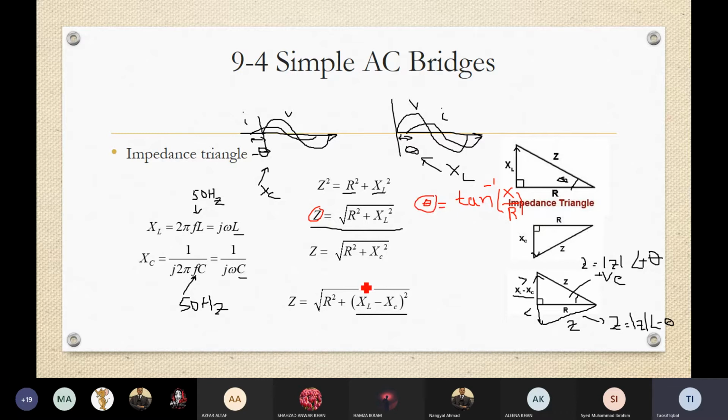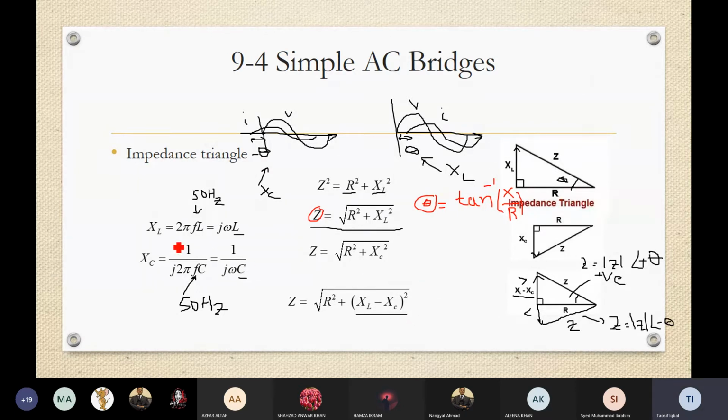So in case we have an impedance combined, a sort of RLC circuit, then we will have basically two types of reactances combined together. One is inductive reactance and the other is capacitive reactance.